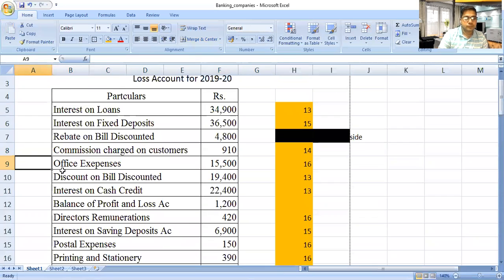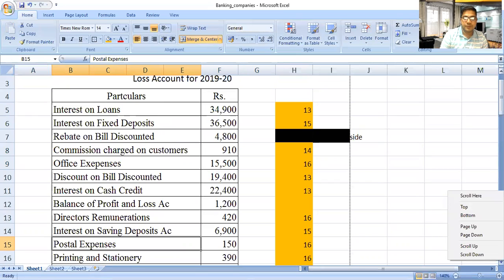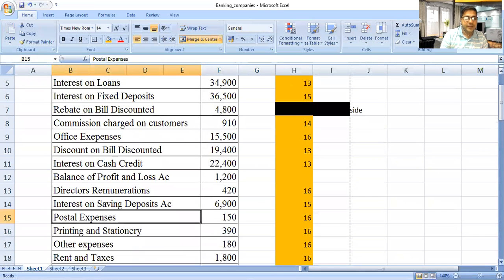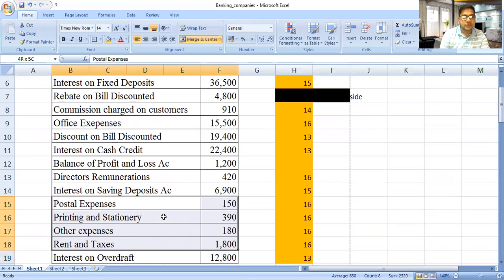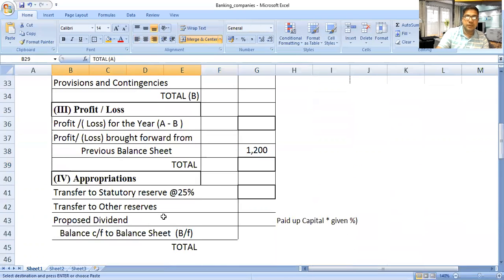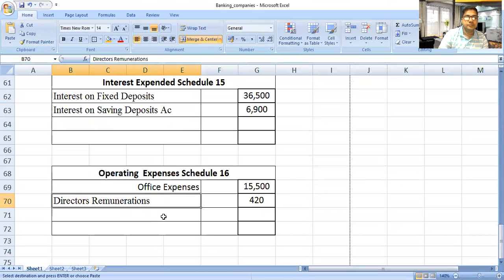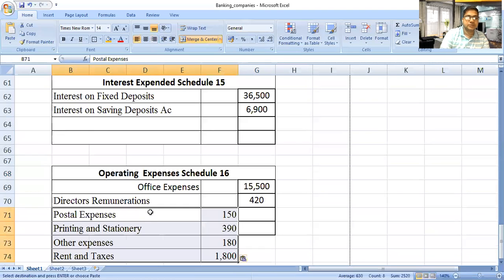Next, postal expenses 150, printing and stationery 390, other expenses 180, rent and taxes. These amounts all come under operating expenses.